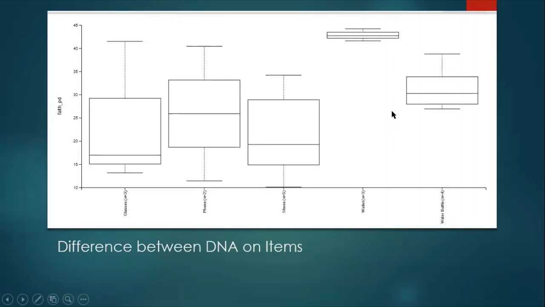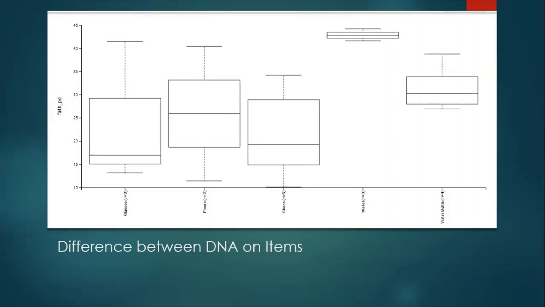It appears to be significantly different. And when we check the figures, the maths behind it, we do find that there is a significant difference in the abundance of the wallet in comparison to the rest of our items.